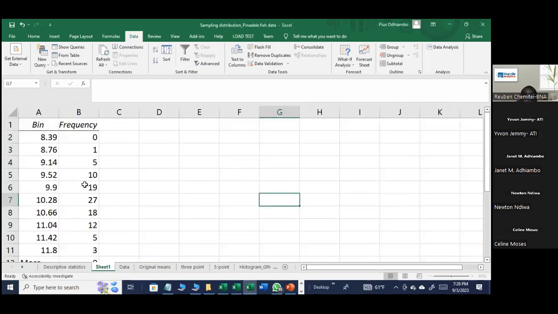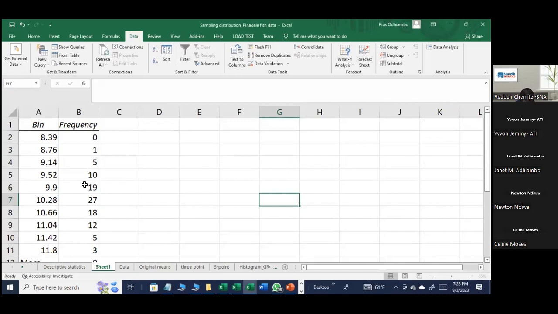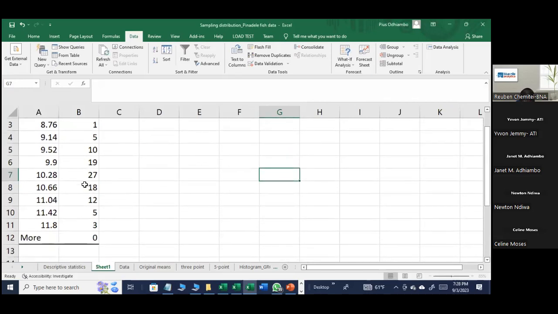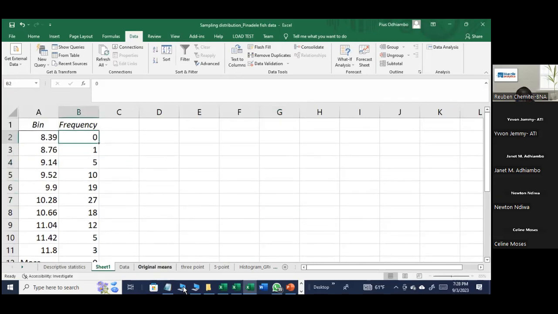It is giving me the output range, but it's not giving me the histogram itself. Now let me see. How I obtained this one was just inserting the chart.